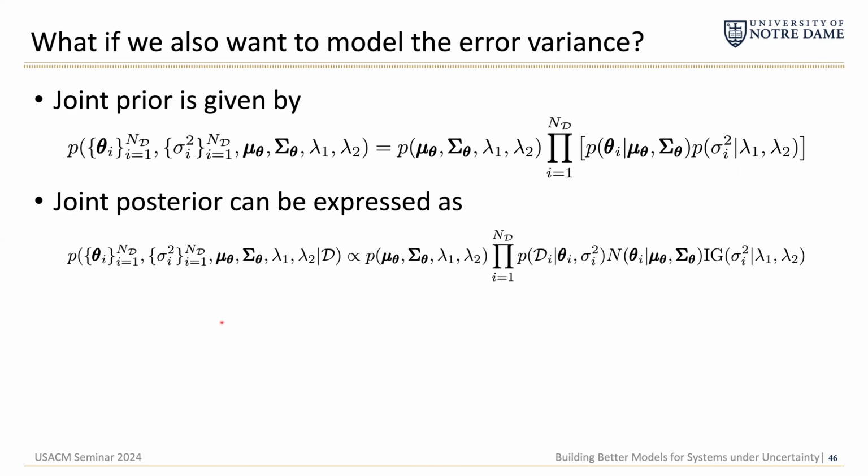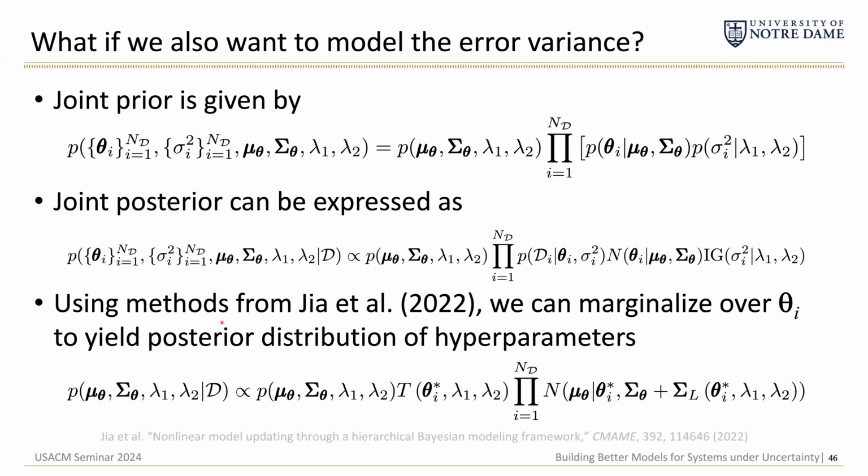And that means our joint posterior now becomes a bit more complicated because, again, we have this inverse gamma included as well. And if we use some methods that Jia and his co-authors put forward, there's a way we can marginalize over those theta i's, very similar to what I presented earlier, where we can get an expression for a posterior distribution of our hyperparameters.